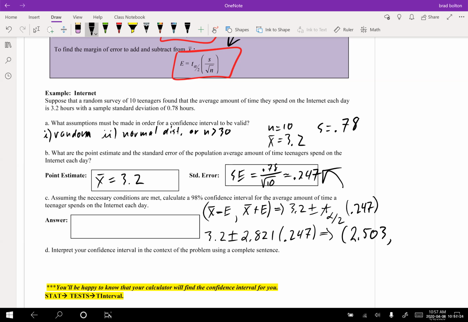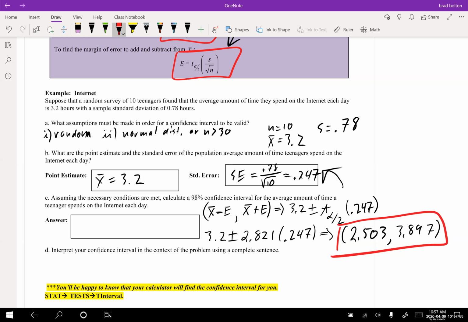And then I also do 3.2 plus 2.821 times 0.247, and I get 3.897. So that would be my confidence interval for the t distribution.